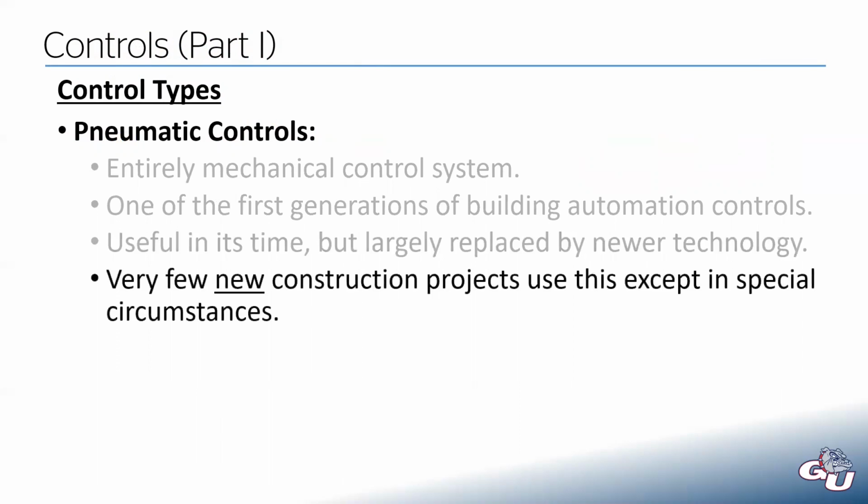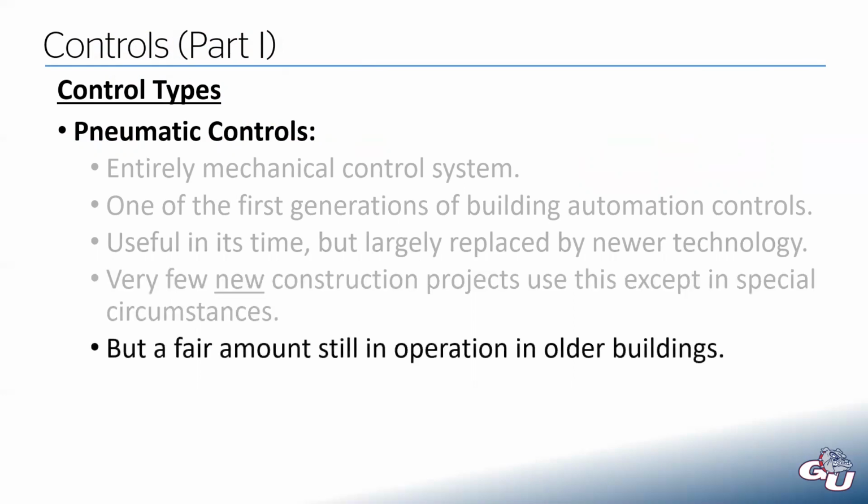So very few new construction projects are going to use pneumatic controls, but there are some special circumstances. But as an energy engineer, we still see a fair amount of these in operation in older buildings. We've done many projects at McKinstry where we've torn out old pneumatics and put back in a better control system.